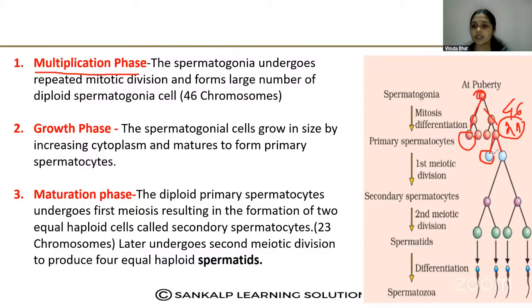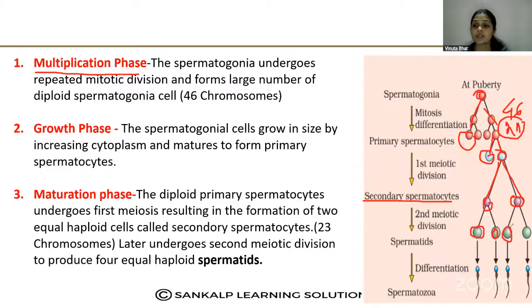First meiotic division means it forms two cells, right? They undergo the first meiotic division and form the secondary spermatocytes. These secondary spermatocytes are haploid in ploidy, and they undergo the second meiotic division and form the spermatids.